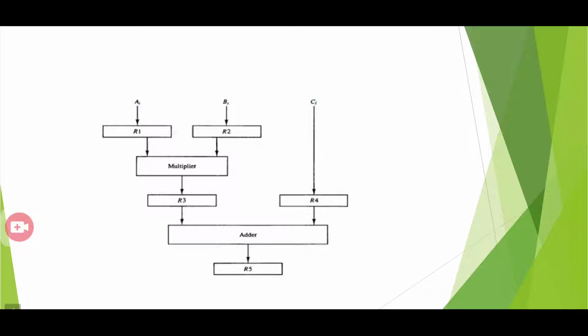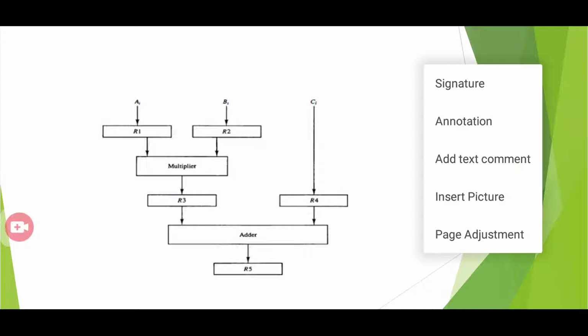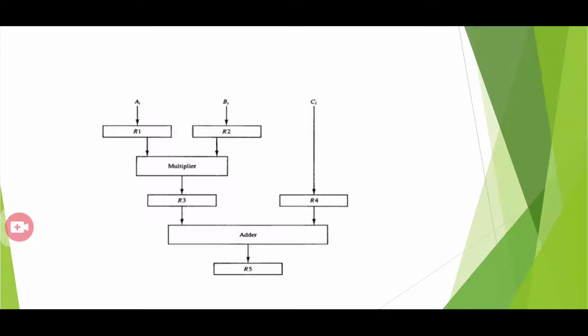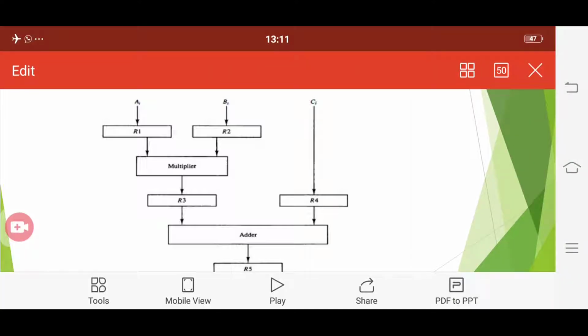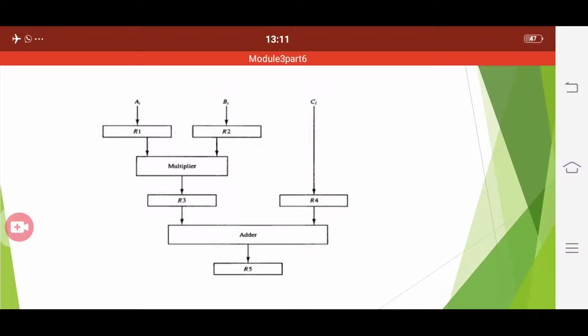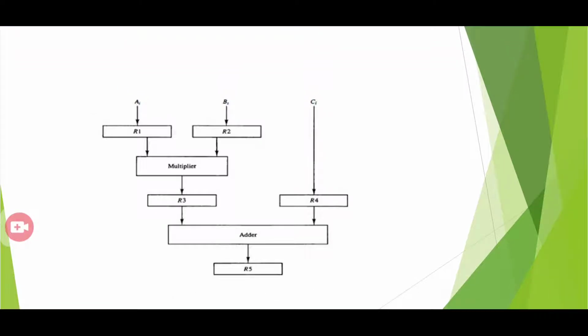This is the structure for computing Ai * Bi + Ci. First the Ai content is transferred to the R1 register, then the Bi content to the R2 register. After that you have to perform a multiplication. So that is the first segment.